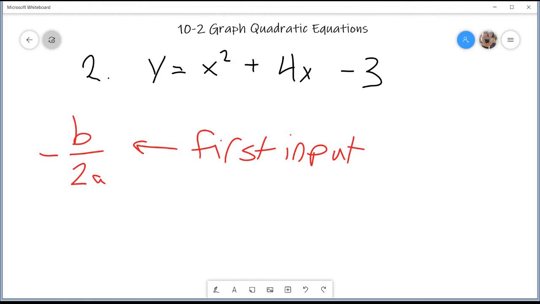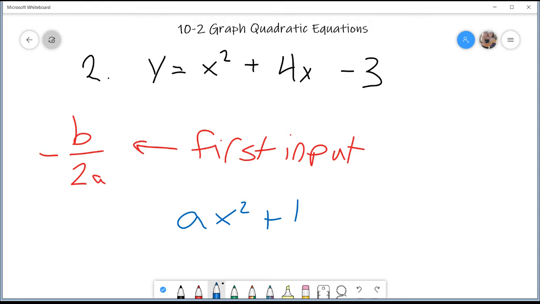We are going to use the standard form of the equation, ax squared plus bx plus c, to try to figure out what this negative b over 2a is going to be. In this equation, there is nothing by the x squared, which means our a is 1.